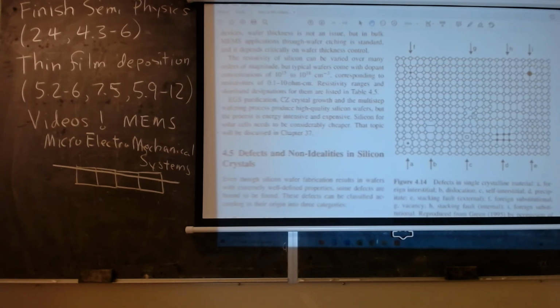Okay, G here. G is basically a vacancy. That's where there's a missing atom in the lattice, and so that's easy to understand. C is where there's an extra atom. And you can just walk through these here. A is fairly common.